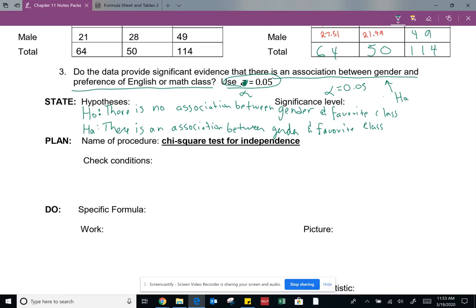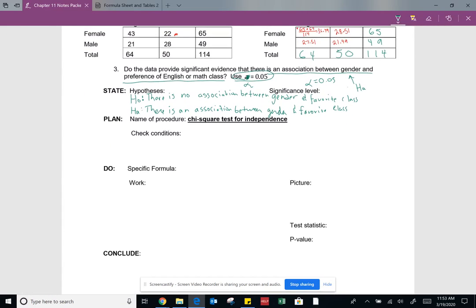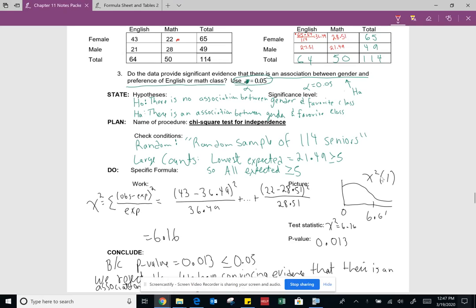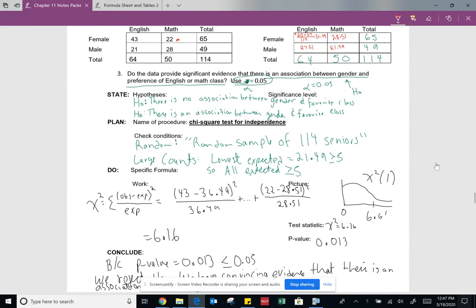Okay, I want you to pause the video here, and then I want you to complete this entire significance test. All right, everyone, so here is the final answer for this significance test. Going through the plan, do we conclude? First, we have the name of the procedure is the chi-square test for independence.